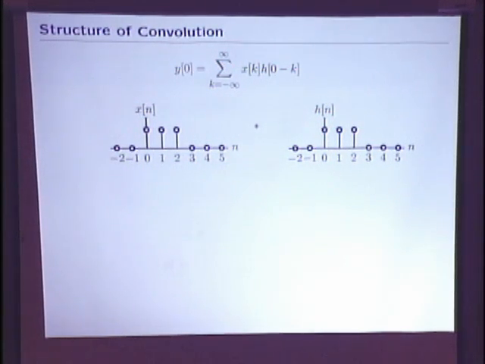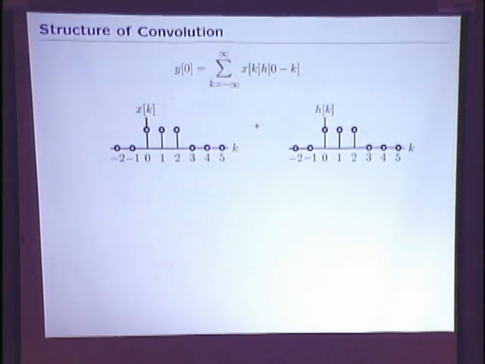What's that formula say? Well, let's think about how you would compute the 0th output according to that formula. All I did was substitute n equals 0 every place there was an n. And what I see is that I have to multiply x of k times h of minus k, but I've got x of n and h of n. So the first thing I do is I flip the axes and I make them k's.